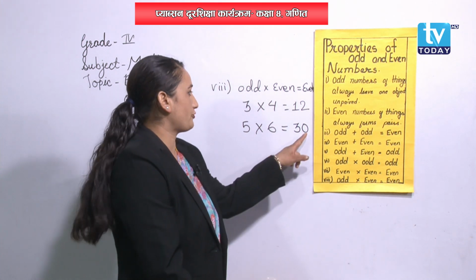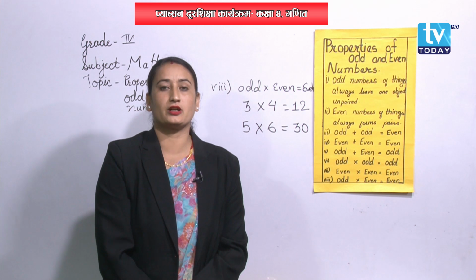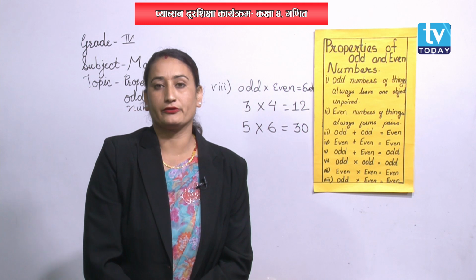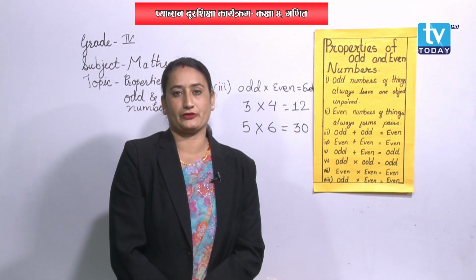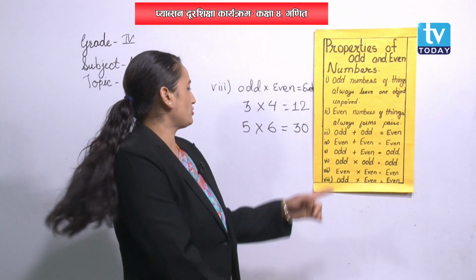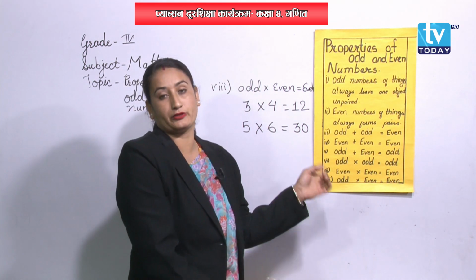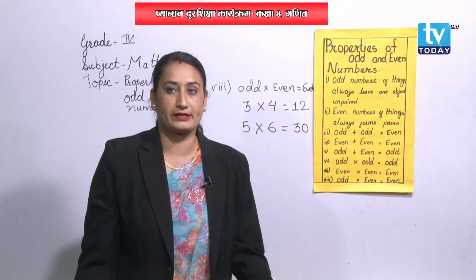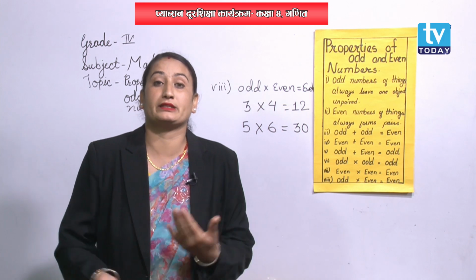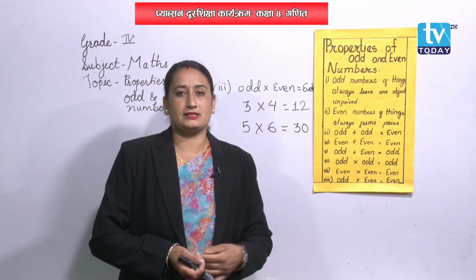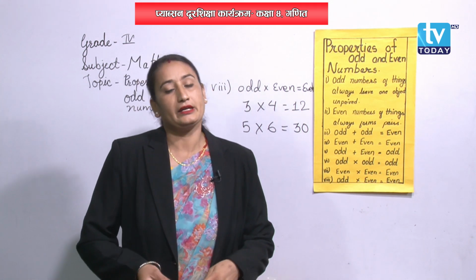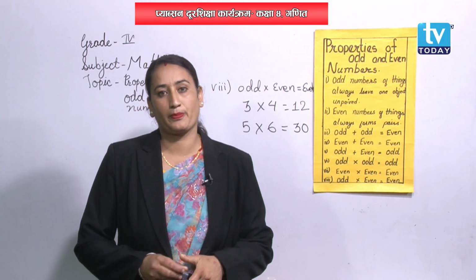Please don't get confused with the 0. If the 0 comes at the back side, then it always denotes an even number. It doesn't matter whether the front number is odd or even. Always, if 0 comes at the back side, then it will be an even number. So students, if we multiply an odd and an even number, obviously we will get an even number, right?